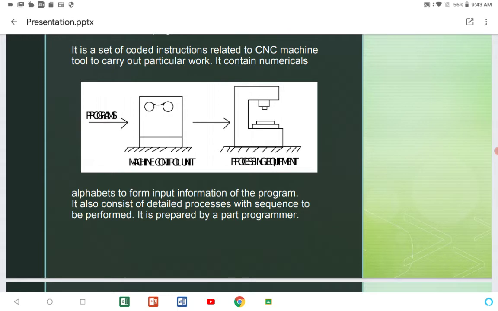That information or those instructions are in the form of numericals, alphabets, etc., concerned with any particular component.